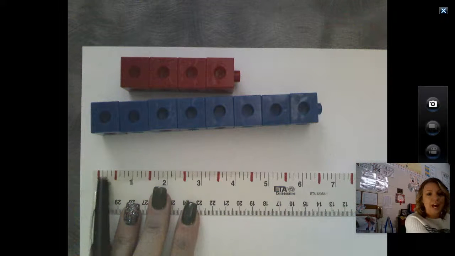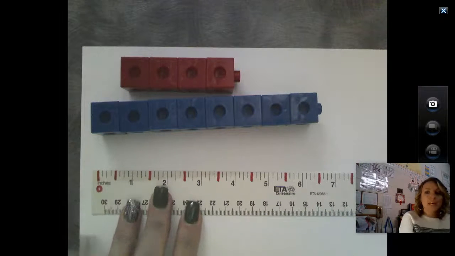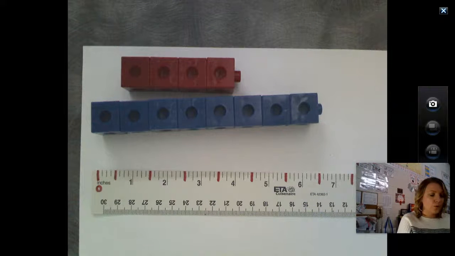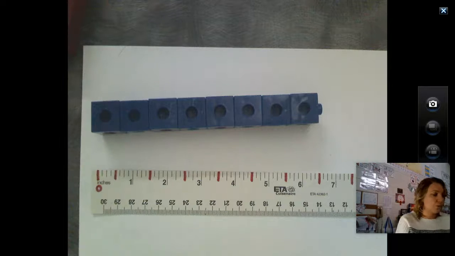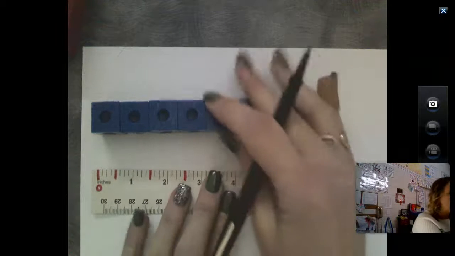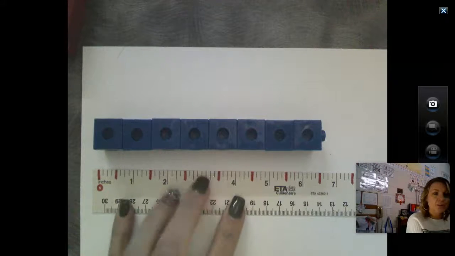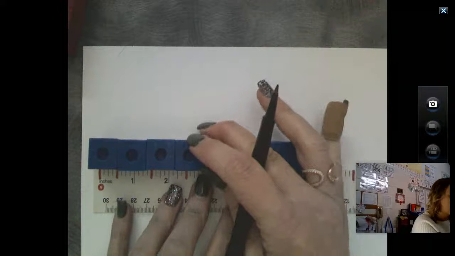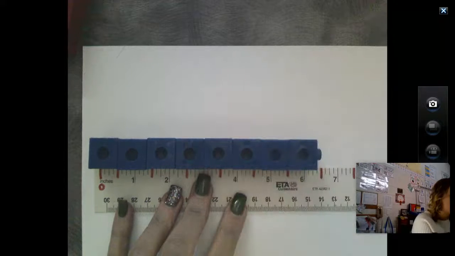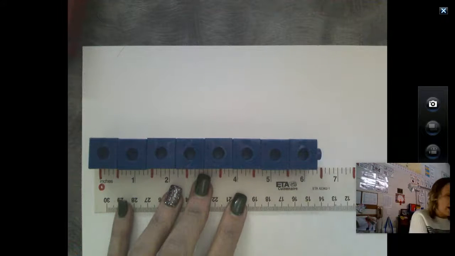That's where you line your item up when you're measuring. Okay, let's do the blue cubes first. We are going to measure the blue cubes. So I'm going to take my blue cubes and line them up at the 0 mark, and push them against my ruler just like that.